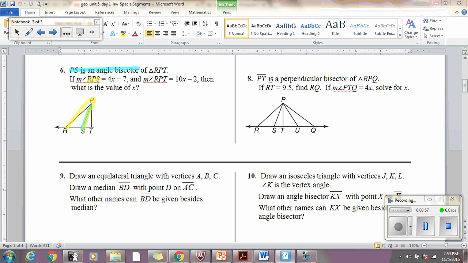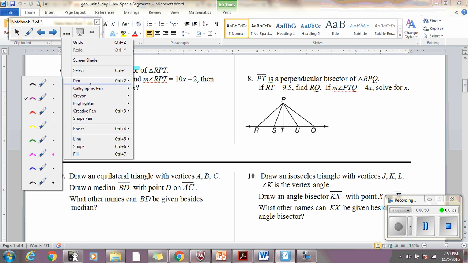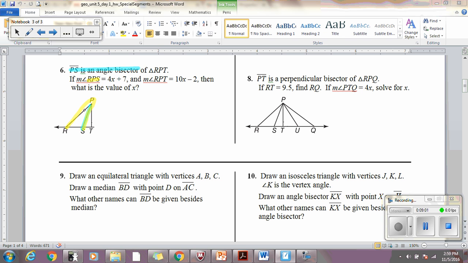So it's this small angle on the left side. And then it tells us about RPT, which is the larger angle.